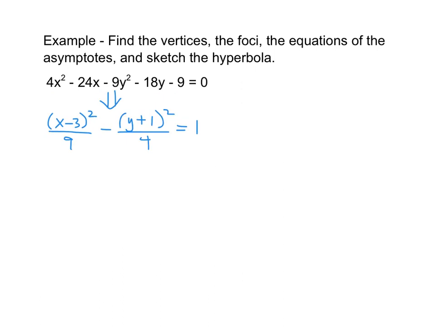We are asked to find the vertices, the foci, and the equations of the asymptotes, as well as sketch this hyperbola. My recommendation is that we sketch the hyperbola first to help us organize our thoughts and get a picture of what this looks like. If we notice the minus 3 and the plus 1, we know that the center of this hyperbola is going to be right 3 and down 1.